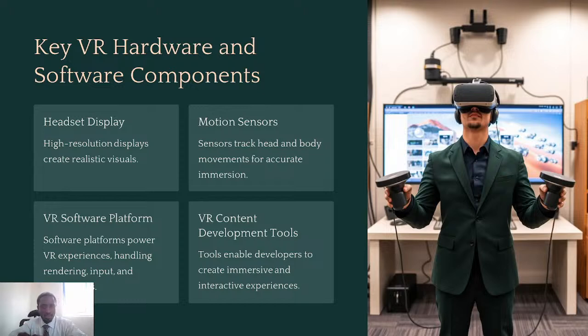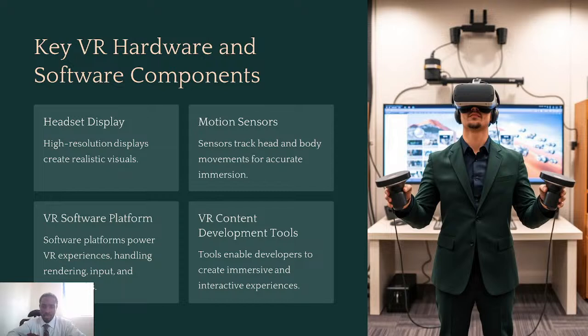There are motion sensors, which are used to track the headset and the body, the movement between the body and the headset, for accurate emission. So why do we need these motion sensors? It is quite important because you want to understand when there is a movement, and the system should react.